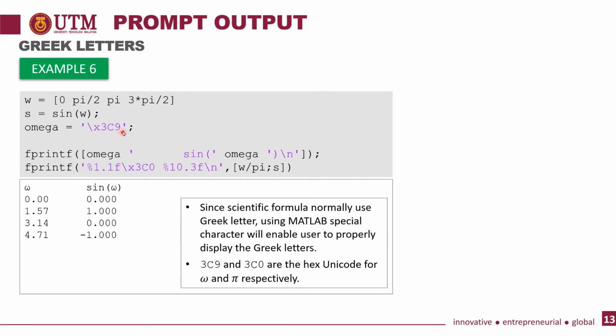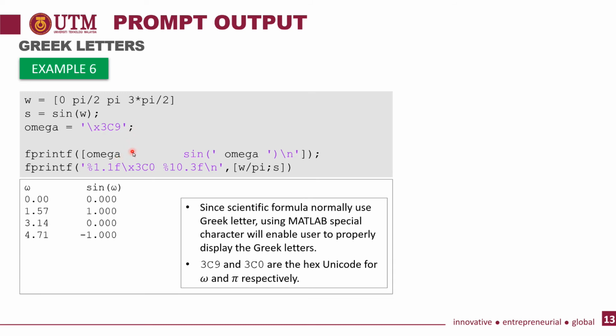You need to initialize this hexadecimal number in order to get the symbol of omega. So this is the symbol of omega. Then you put fprintf, omega, which is the symbol of omega here, because you already initialized the hexadecimal value of omega.